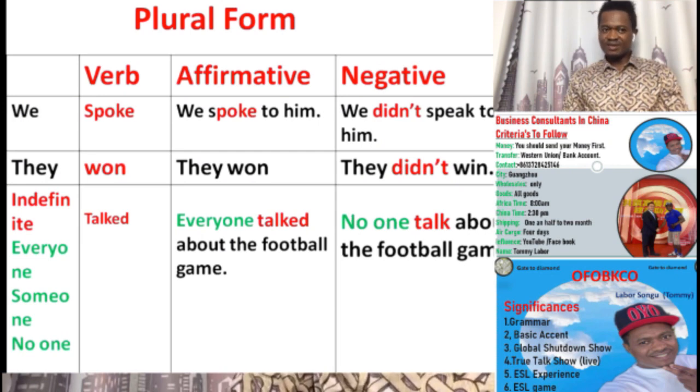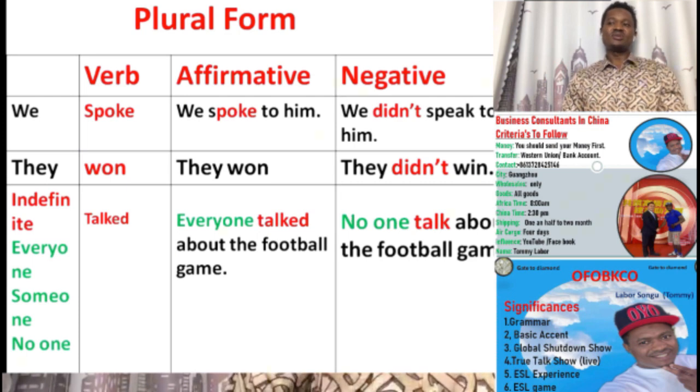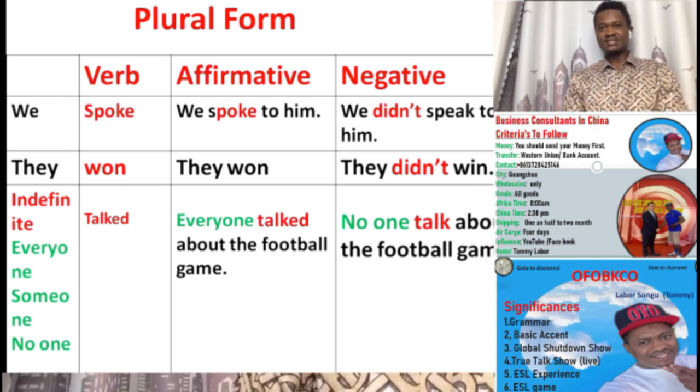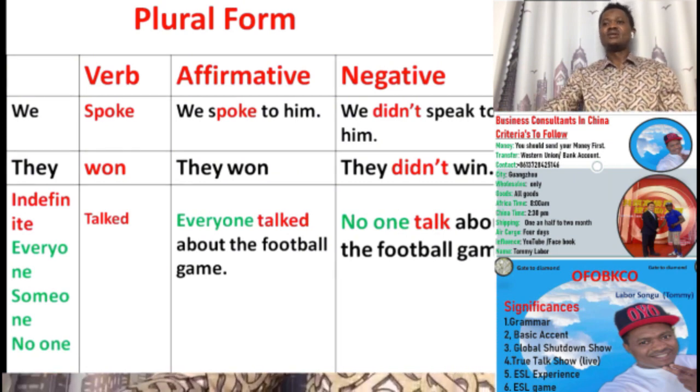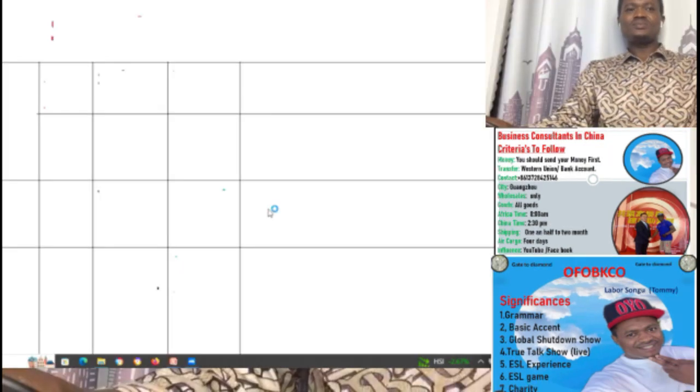You see the verb is in the base form, talk. You have to be careful with the negative form: no one indicates negative, and everyone is the affirmative form.